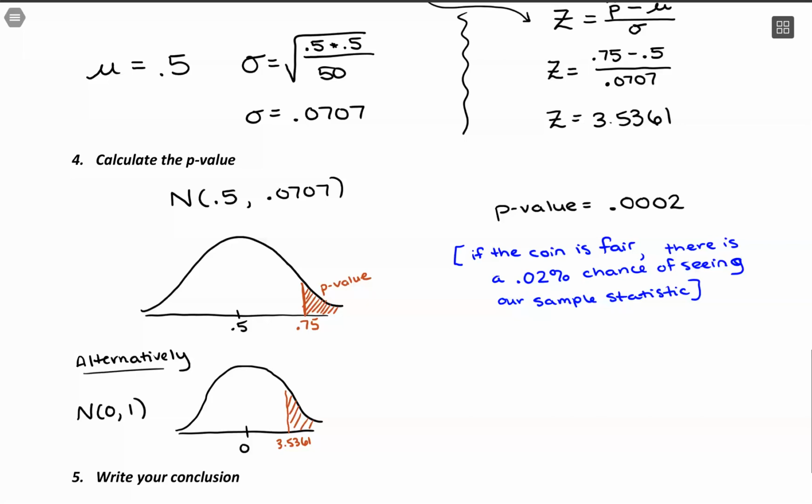But the idea is if we had a fair coin, the probability of getting that 75% only had a 0.02% chance, which is a very low probability.